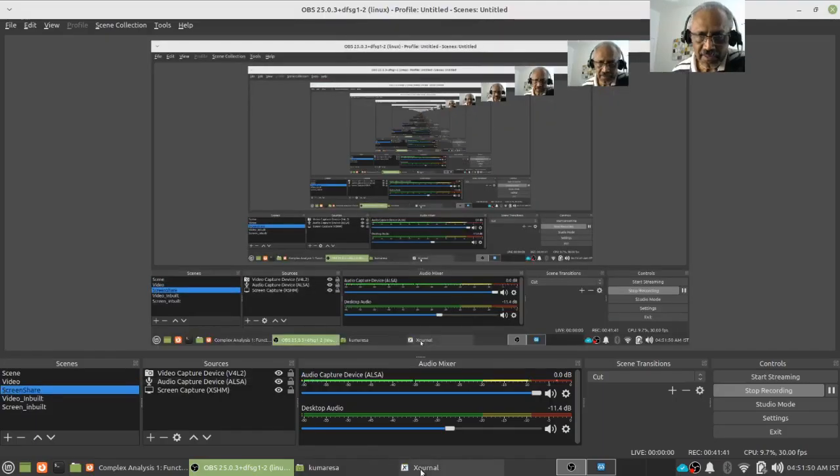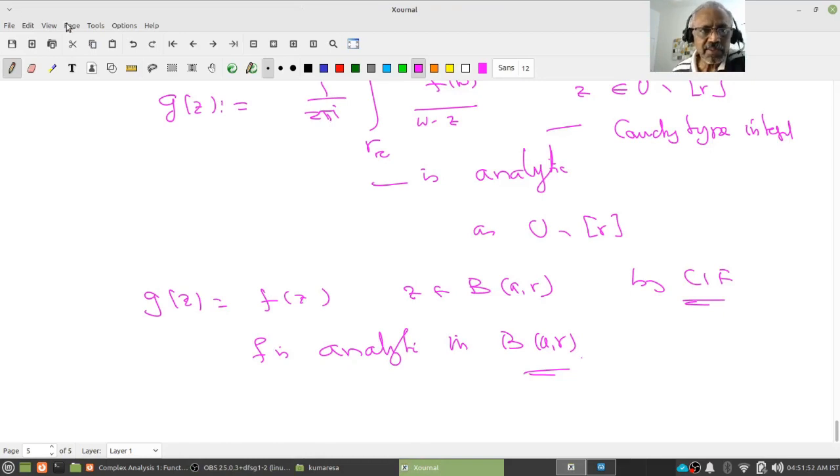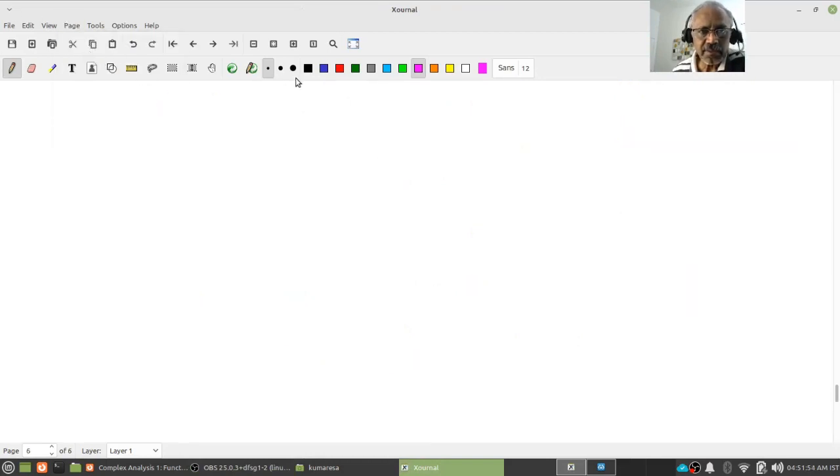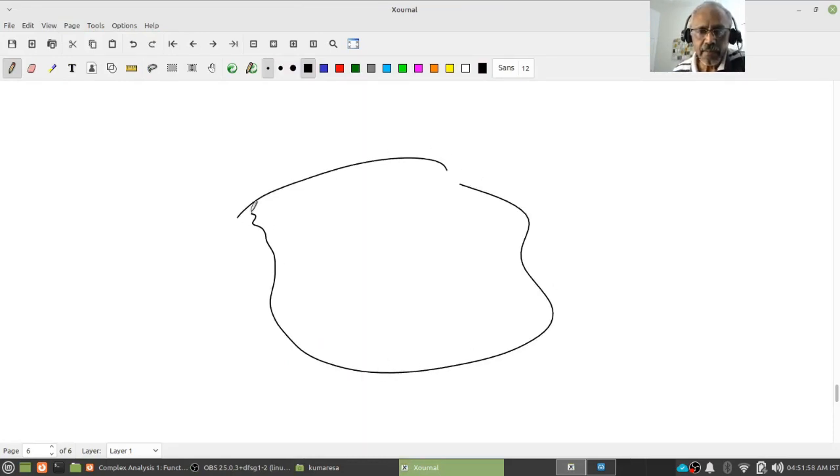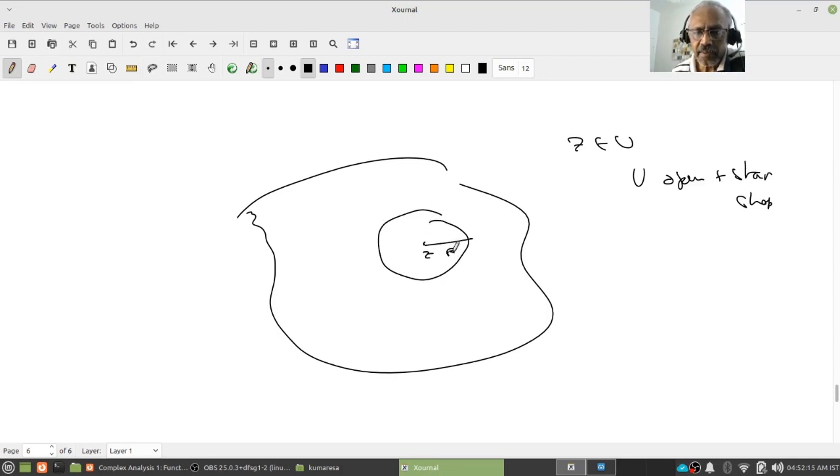Please understand, these are the subtle points you should know. These are all very easy, but it will be good if you think on your own. So you give me any z in U, and of course I am assuming U is open and star shaped. Then you put z in some open ball, make it capital R if you want.